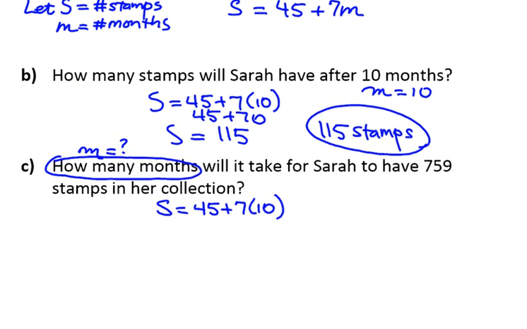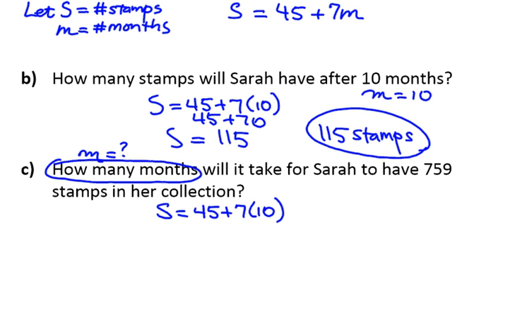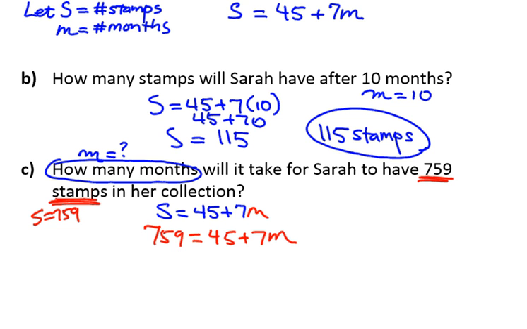For stamps, that means that S is equal to 759. So 759, oops, I shouldn't have had the 10 here, should I? I copied that. So that really should be an M right there. So S is equal to 45 plus 7M. So now we're going to have 759 equals 45 plus 7M there.